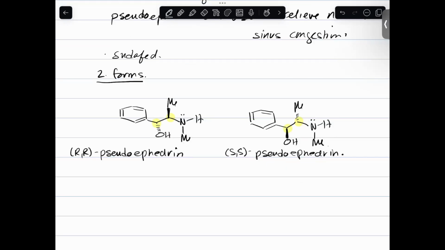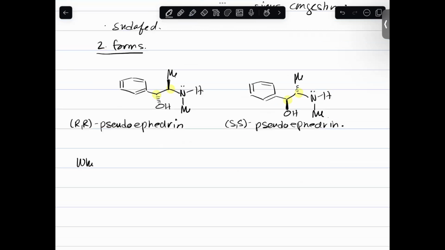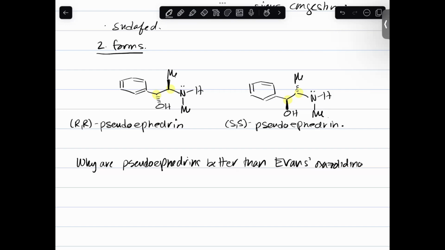Why are these better than Evans oxazolidinones? So why are pseudoephedrines better than Evans oxazolidinones? And I'm going to go ahead and highlight this.